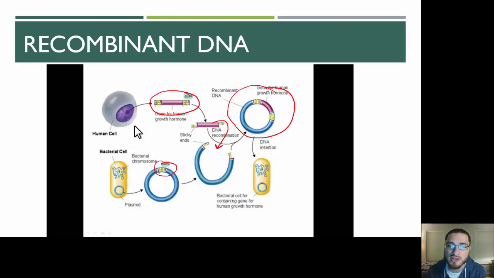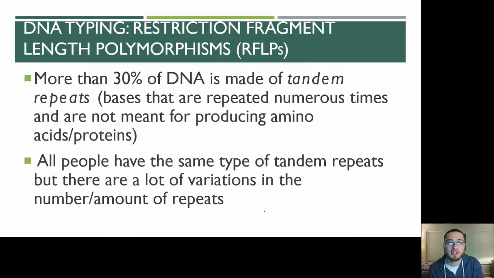Now we have this new bacterial DNA, and suddenly this bacteria is able to make its own insulin, or in this case they're talking about HGH. It's able to make it because we inserted the gene that gives the instructions to the ribosomes of how to put those amino acids together to make those proteins.